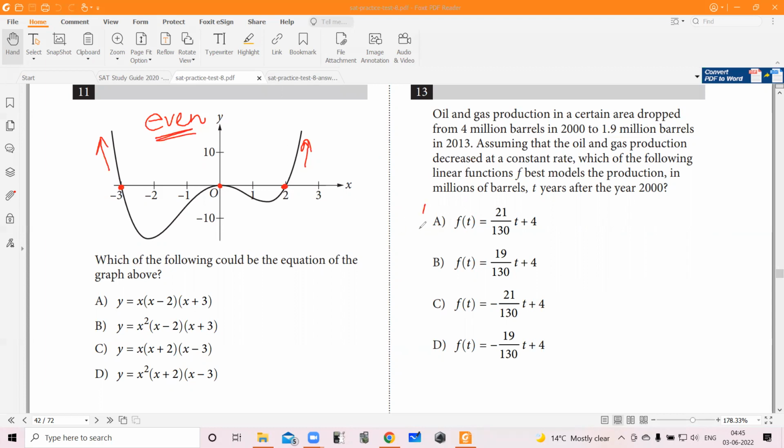And when the tails are on the opposite sides, then the total power will be odd. So if you take A, when you multiply x, x, and x, the maximum power you can get is x cubed, which is odd. But for odd, the tails will be in the opposite direction.